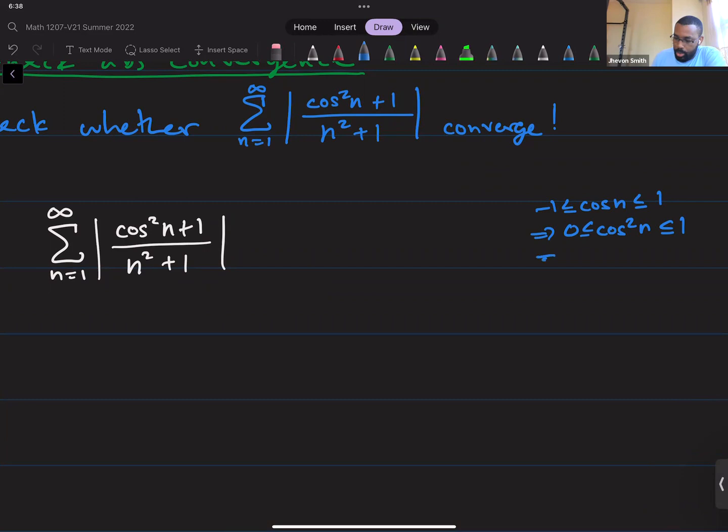And so this would mean that if I take cosine squared n plus 1, that's automatically less than 2. Right? So this is going to be a value between 1 and 2. And so this kind of feeds into the question that I asked you earlier. What's the biggest this could be? And we have that. So in other words, I can create an inequality here and say this will have to be less than or equal to this series.